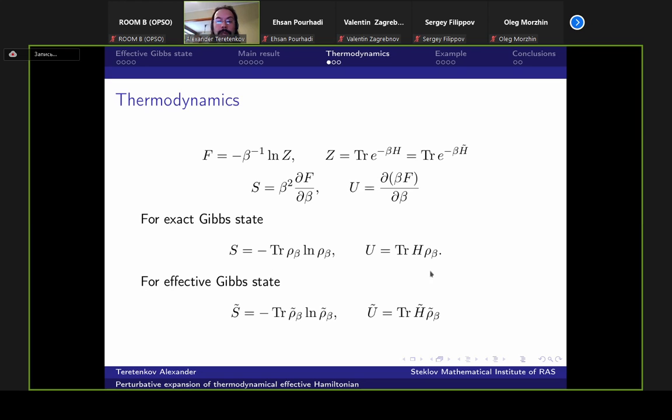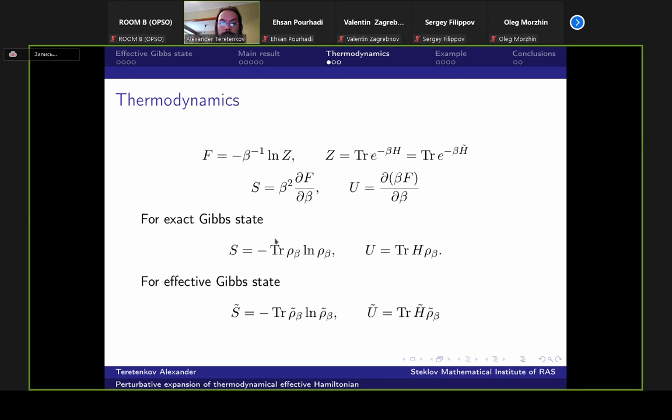But what about the usual statistical formula for entropy and the internal energy? For exact Gibbs states, it's just usual thermodynamics.